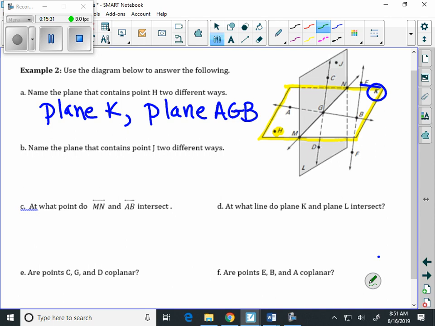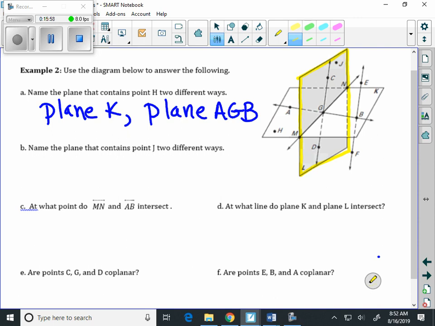Name the plane that contains the point J two different ways. Well, I need to erase this here, because this time we're going to look at this particular plane. It's kind of shaded on your paper. But we're looking at that particular plane, that flat surface there.